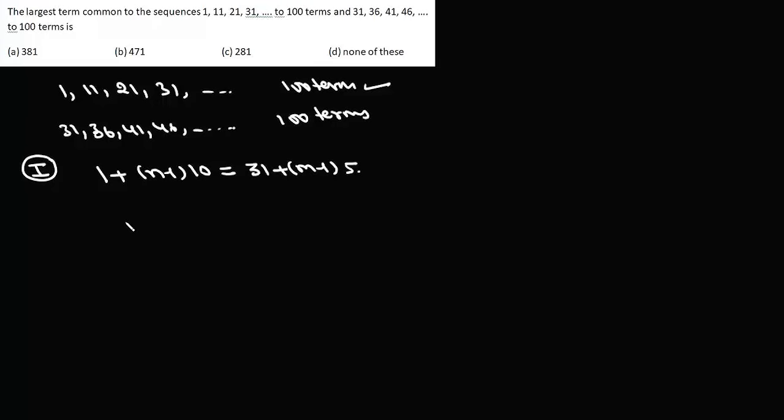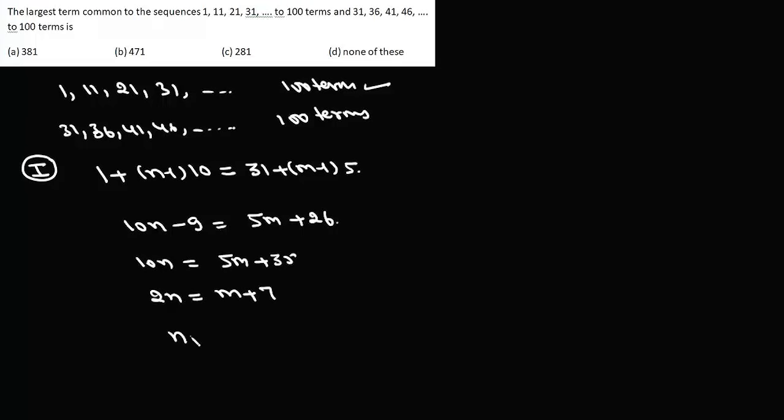Now this is 10n minus 9, and this is 5m plus 26. I will take this 9 here, so it will be 10n equals 5m plus 35. We can cancel 5, so we can write 2n equals m plus 7. So n will be equal to (m plus 7) by 2.